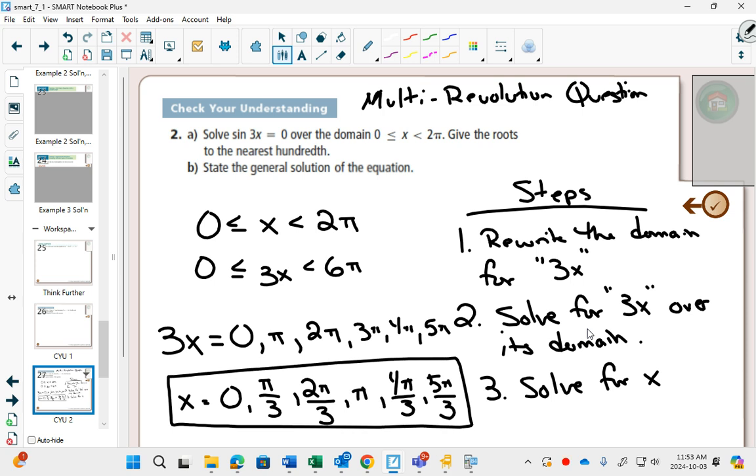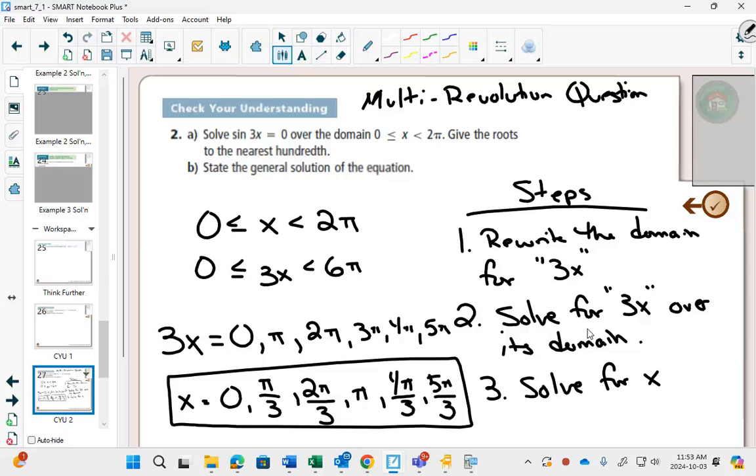And when you divide each of them by 3, all of our final answers, all 6 of them, are between 0 and 2 pi, which was originally what they wanted. They wanted x between 0 and 2 pi. We first had to solve for 3x going 3 times around, and then we solved for x after that.